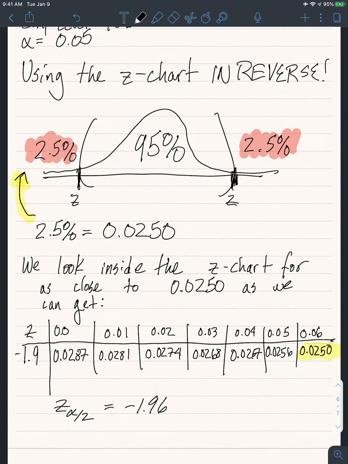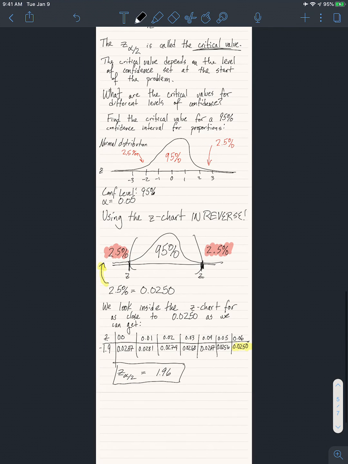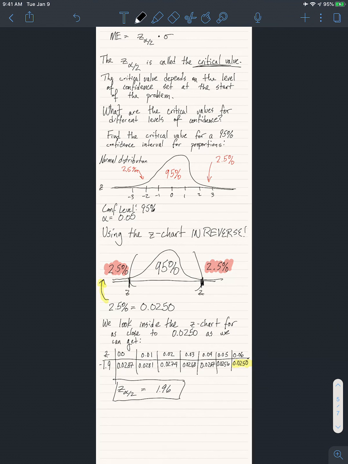And critical values always will use positive. It actually ends up not mattering later, but in general, we use a positive critical value. So the positive critical value for a 95% confidence interval is 1.96 for these reasons.